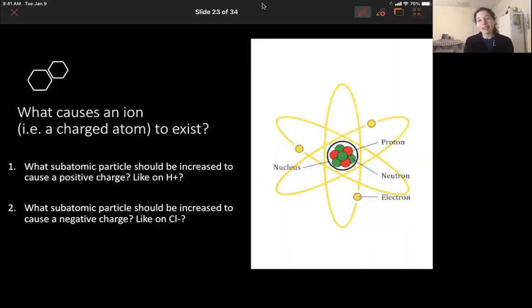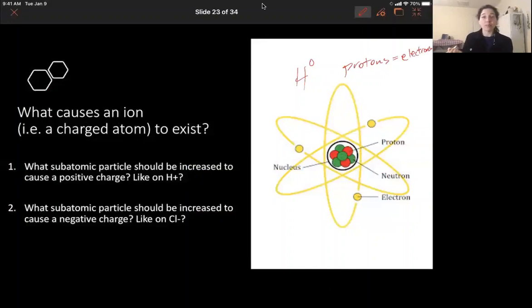So what you should have seen here is that in order to get a positive charge on hydrogen like that, we're going to need to have more protons than electrons. Whenever you have an element on the periodic table, like hydrogen, we say it has 0 charge. What that means is that your protons are equal to your electrons.